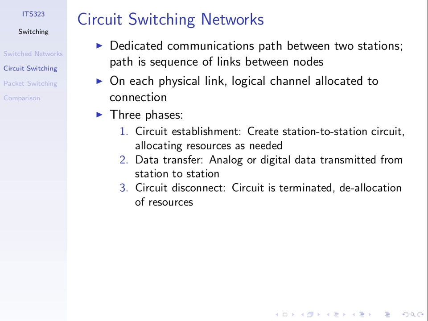Now, for data transfer, think that A sends its signal along its line, representing the data it wants to send, and that signal flows through the switches. Because we have a link all the way from A through to F, we now have a dedicated path. There's no need for any special processing in the intermediate devices.